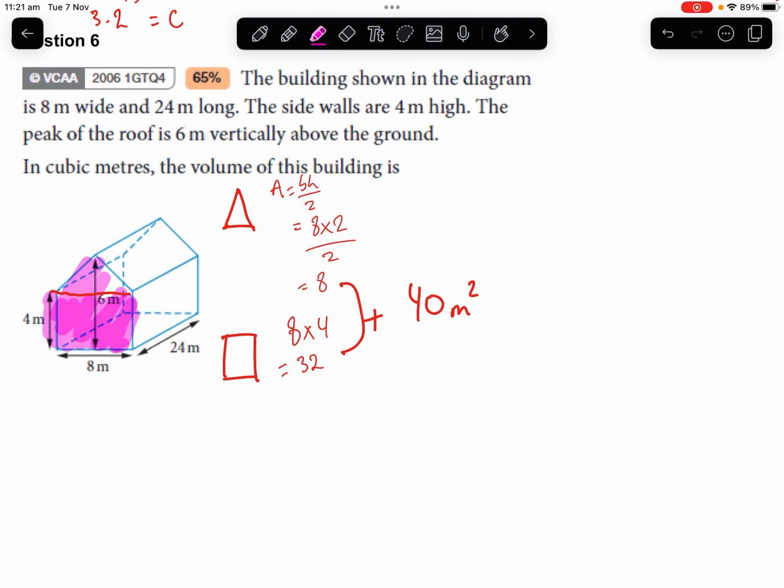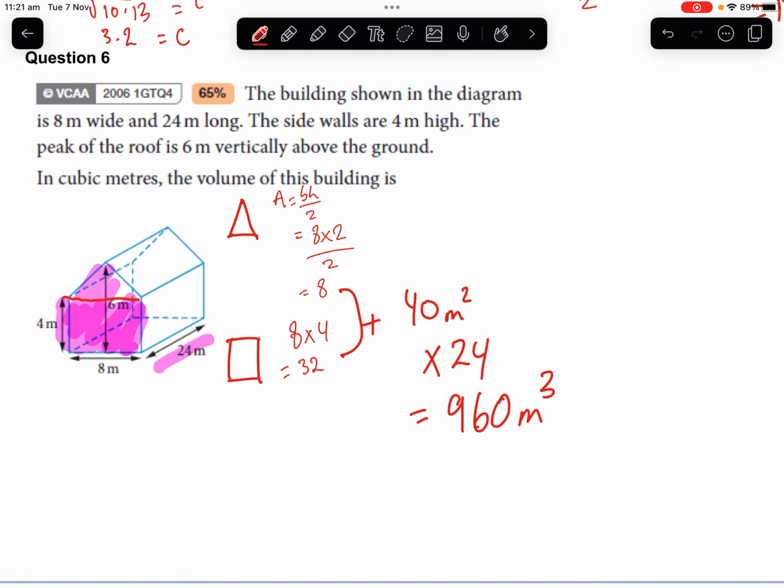Now we multiply it by 24. 40 times 24 gives us 960 meters cubed, and volume is in cubic units. Okay, we're done for this one.